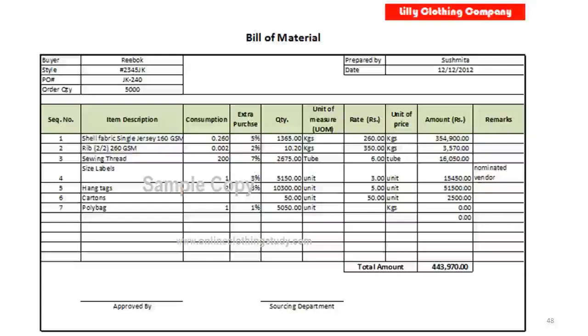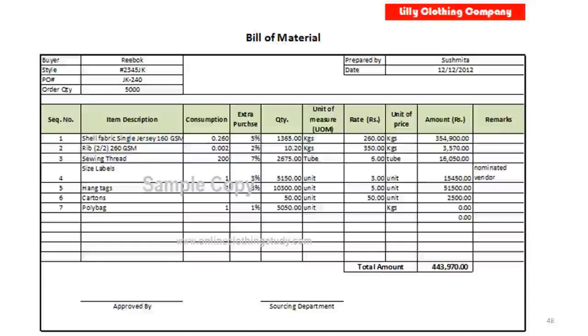So therefore the total amount of money required for 1,365 kgs is 1,365 into 260, which is equal to 3,54,900 rupees. So what is the total quantity that you require and what is the rate per unit? You multiply that and you will see how much money is required. That is what is given in amount.